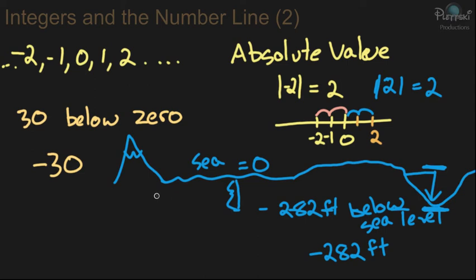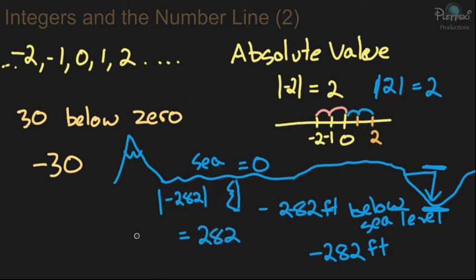Well, it's 282, that's just the distance away from 0, and you measure distances in positive. So the absolute value of -282 would equal 282.